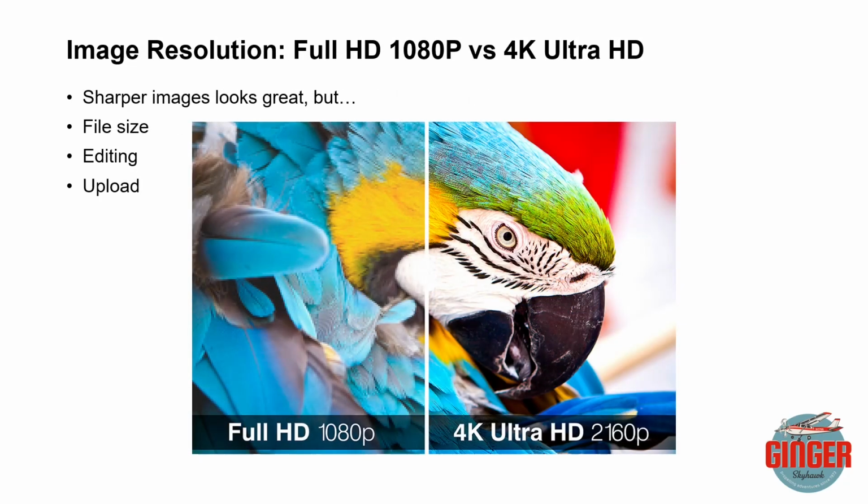As far as image resolution goes, 4K is beautiful. I mean, look at this photo of this parakeet. On the right you have 4K, on the left you have 1080p. And this is a super sharp close-up, and you would expect that 4K would outshine regular 1080p.